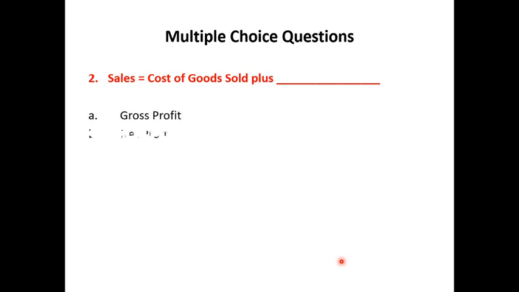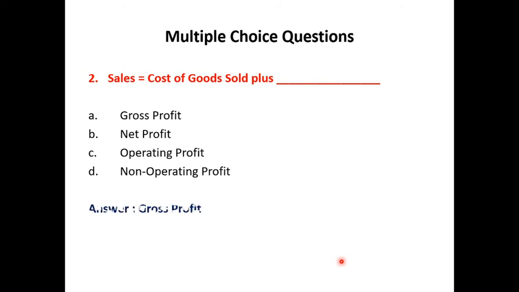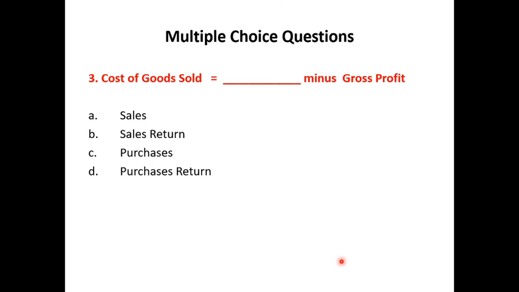Options are gross profit, net profit, operating profit, non-operating profit. The correct answer is gross profit. Next, third one is cost of goods sold is equal to dash minus gross profit. Options are sales, sales return, purchases, purchases return. The correct answer is sales.